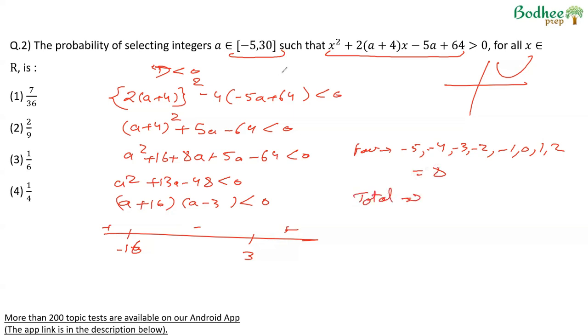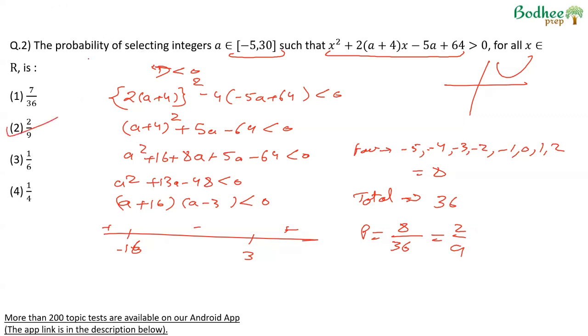Total values for a is from minus 5 to 30. So minus 5 to minus 1, 5 negative, 1, 0, and then 30. 36 cases. Therefore, the probability would be favorable cases upon total number of cases, divided by 4, 2 by 9, or option 2 becomes the answer.